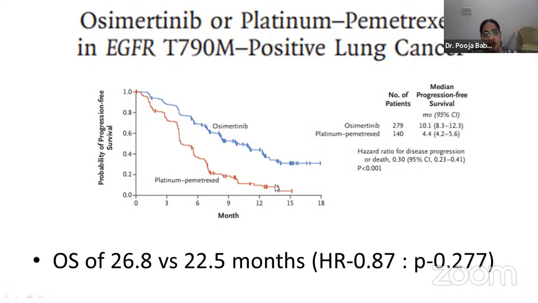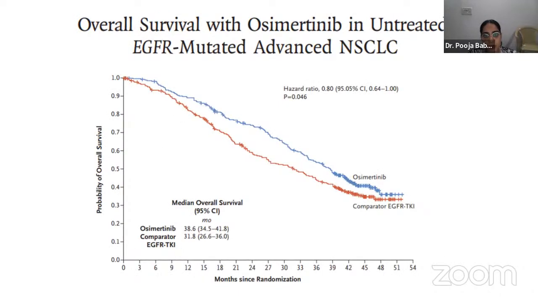This is a second line trial of osimertinib in EGFR T790M mutation positive lung cancer. It showed median progression-free survival of 10 months versus 4 months, and an overall survival of 26 months versus 22 months in second-line therapy as compared to platinum pemetrexed based chemotherapy.